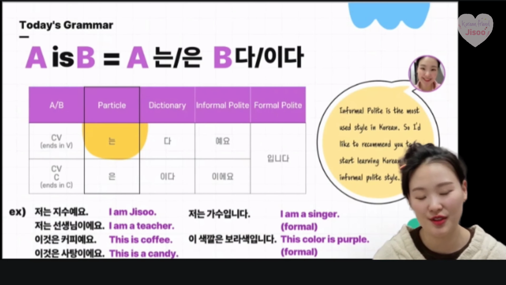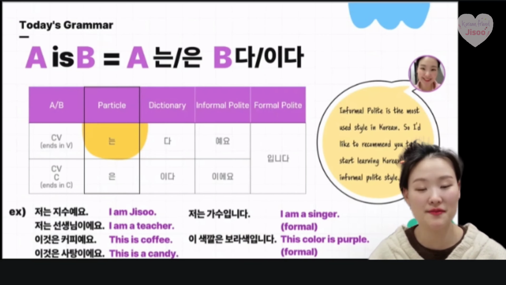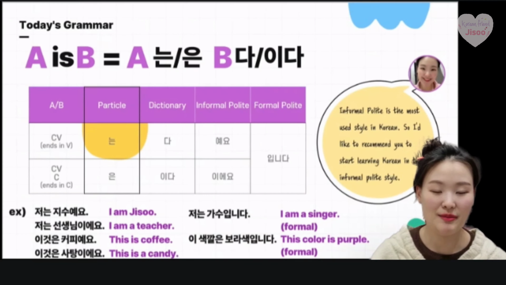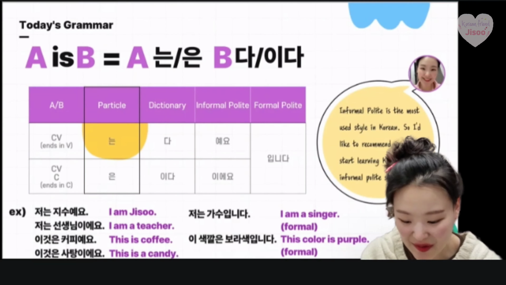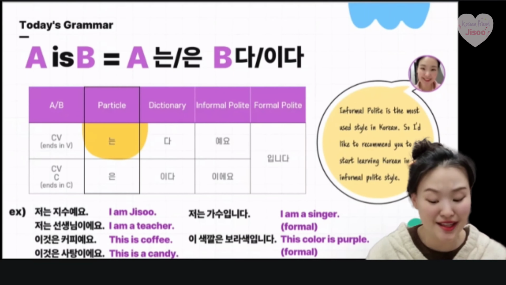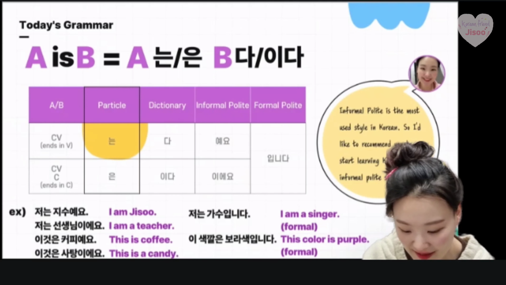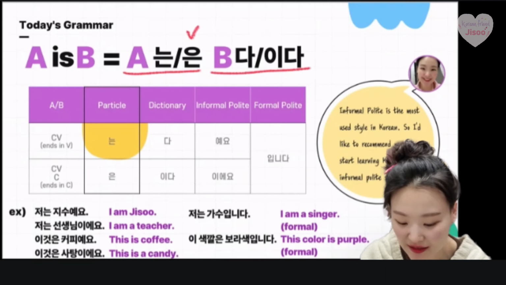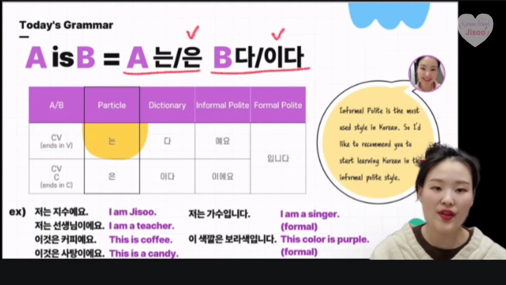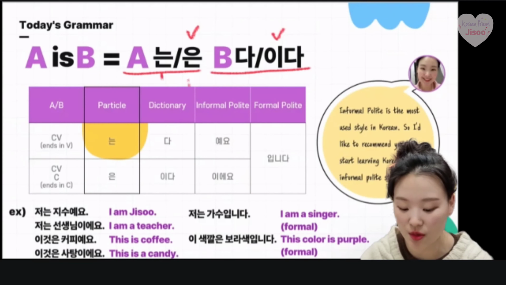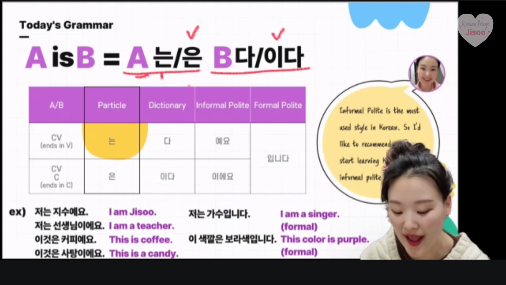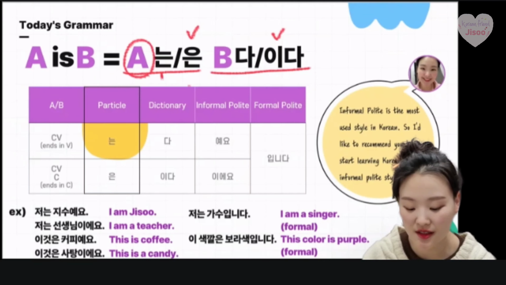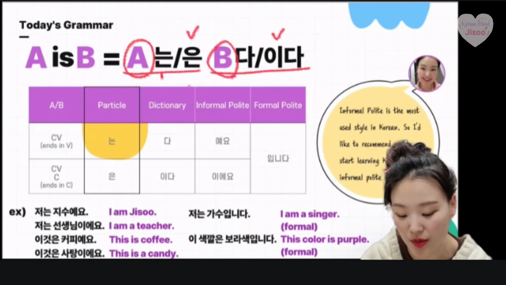Today's key expression, which is today's grammar, is the be verb in English. So it means A is B, right? If you want to say A is B in Korean, you gotta say A는 B다 or A은 B이다. Whether you use 는 or 은 depends on whether A has a bottom consonant, and B as well.